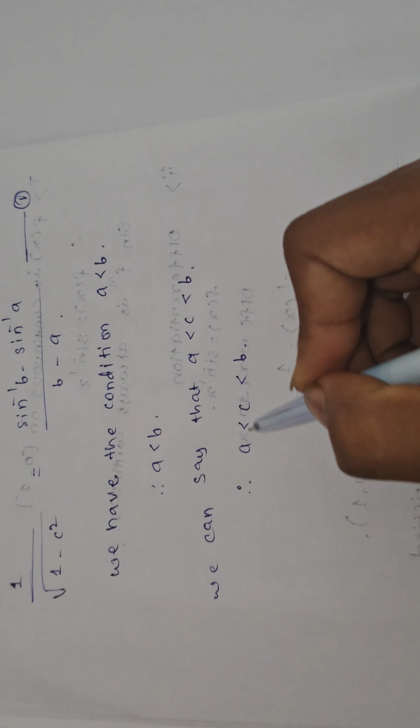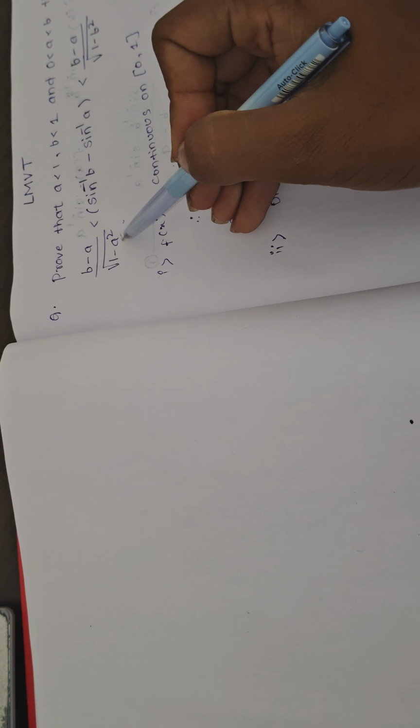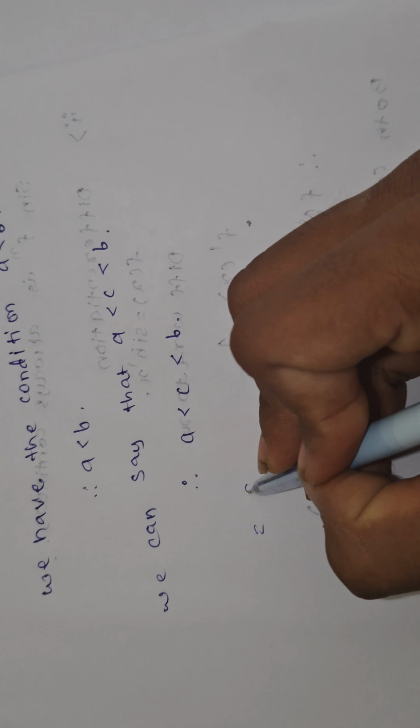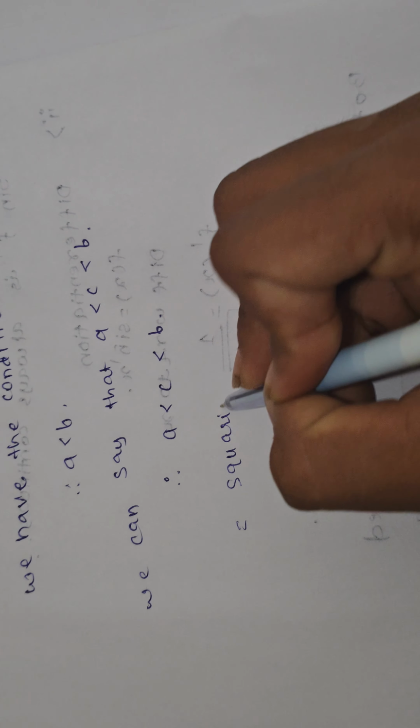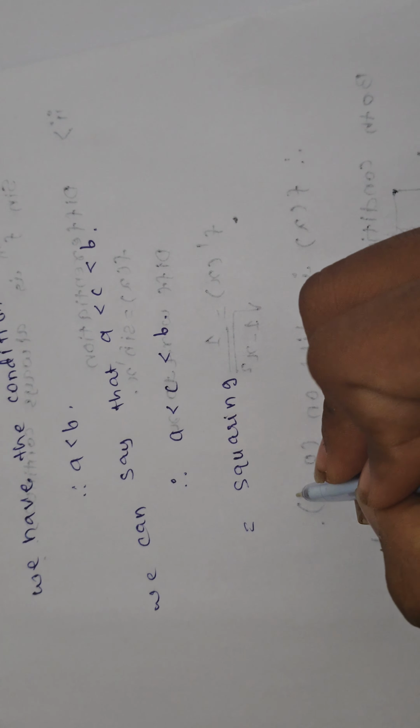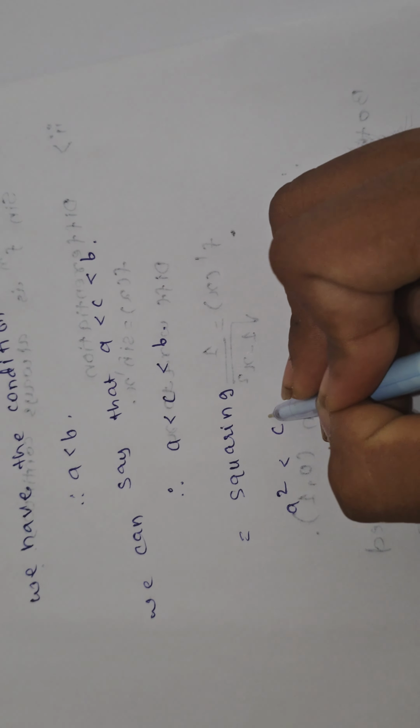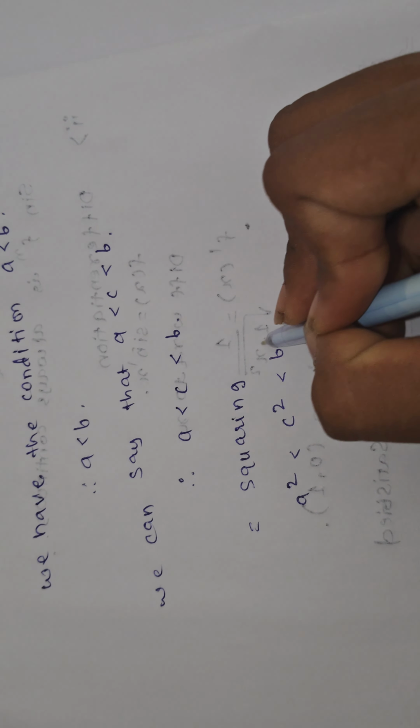Let's square this, because we have a square under the denominator here, right? First, squaring: a square, c square and b square.